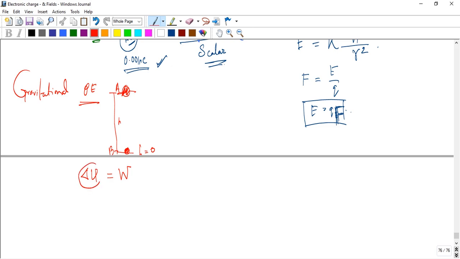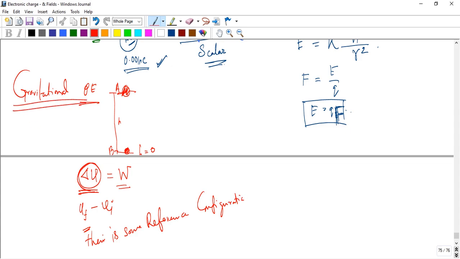The change in energy is equal to the final energy minus the initial energy. So there is some reference configuration.